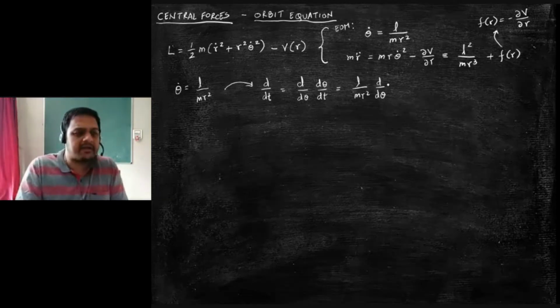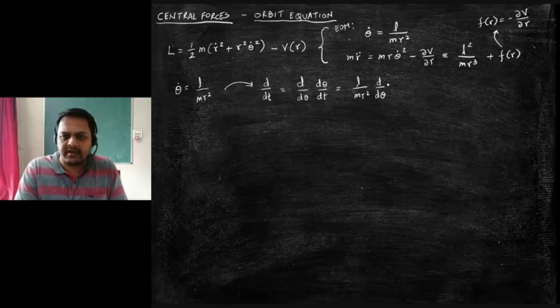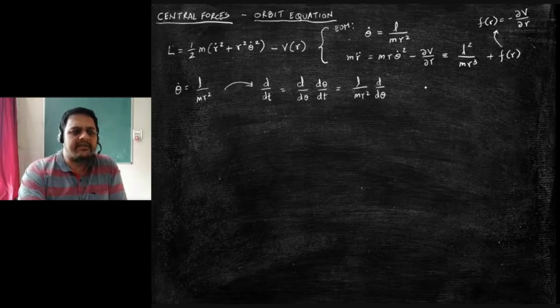So operating the time derivative operator on any given function or any given object is the same, or equivalent to operating this operator. That is, d by dt anywhere in any equation can be replaced by L by mr square d by d theta. Instead of d by dt, I can write this.